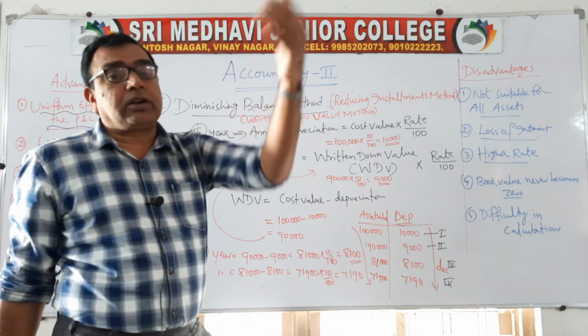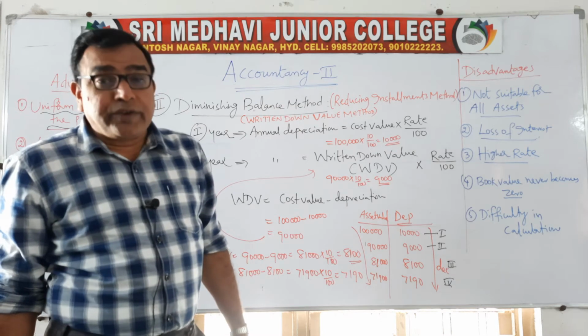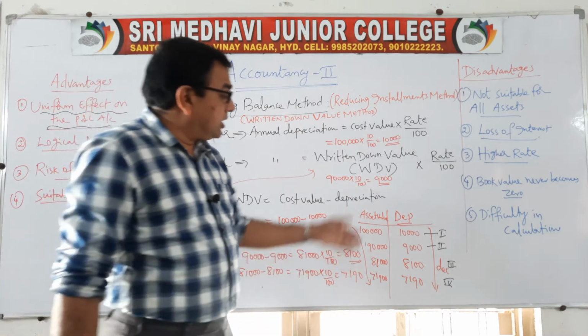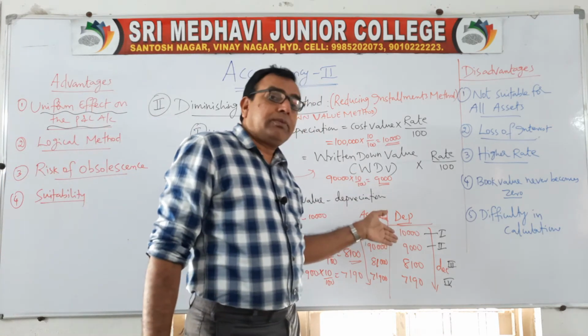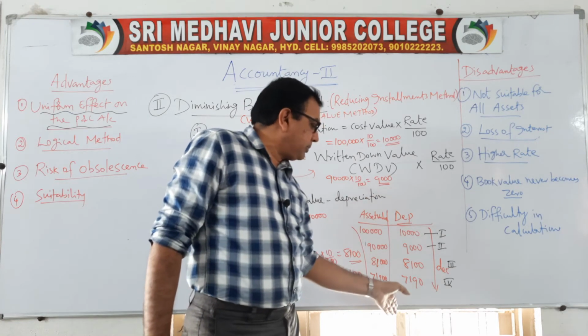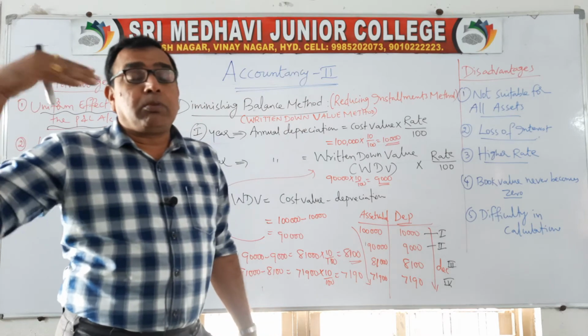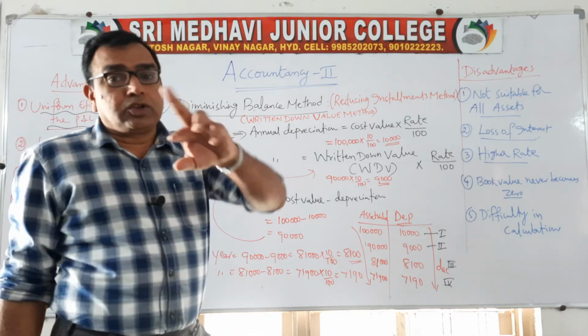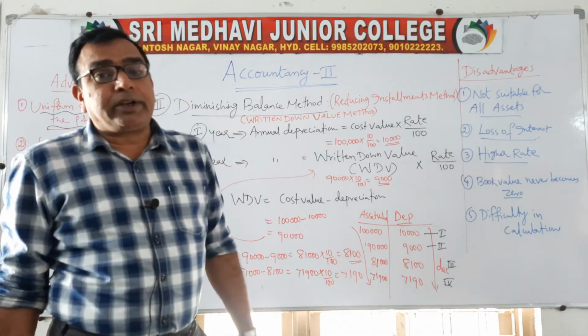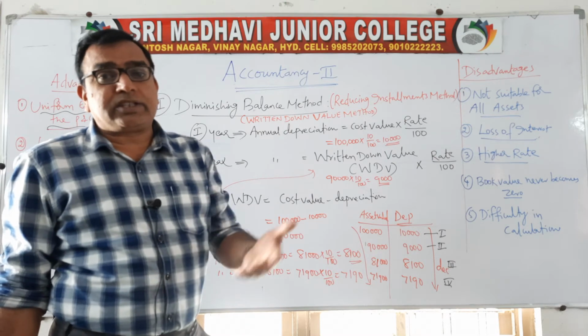This is not possible under straight line method or fixed installment method, because in fixed installment method we take the uniform depreciation. So in the slack years we will have more repairs and maintenance cost. So the amount which we debit to the P&L account will not be same.